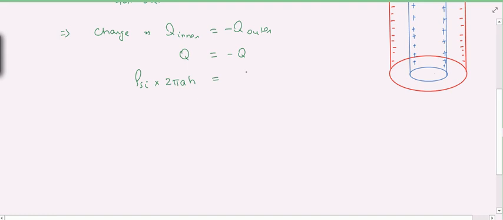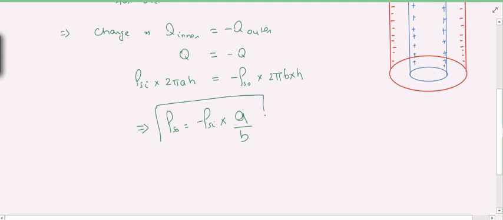And for minus q also it will be minus rho s naught into 2 pi b h, as the cylinder has a radius of b, and the height will be the same. So you can see the relation of the outer surface charge density with the inner surface charge density: rho s naught is rho s i into a by b. This is the relation between the surface charge density of both the surfaces.